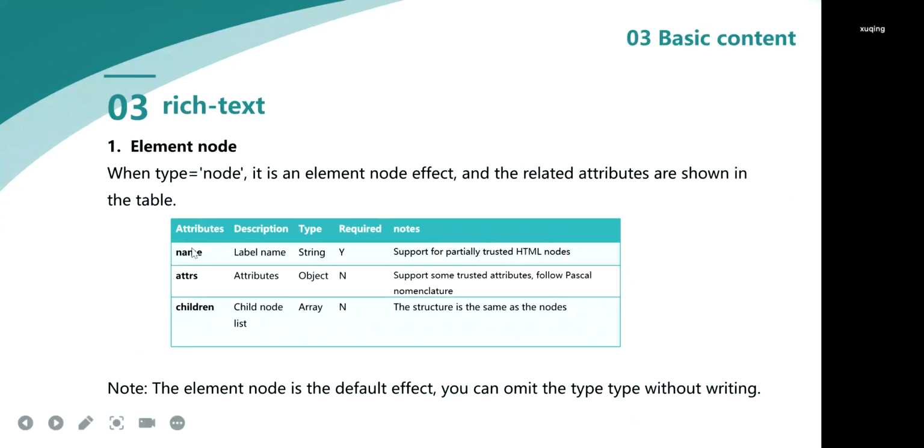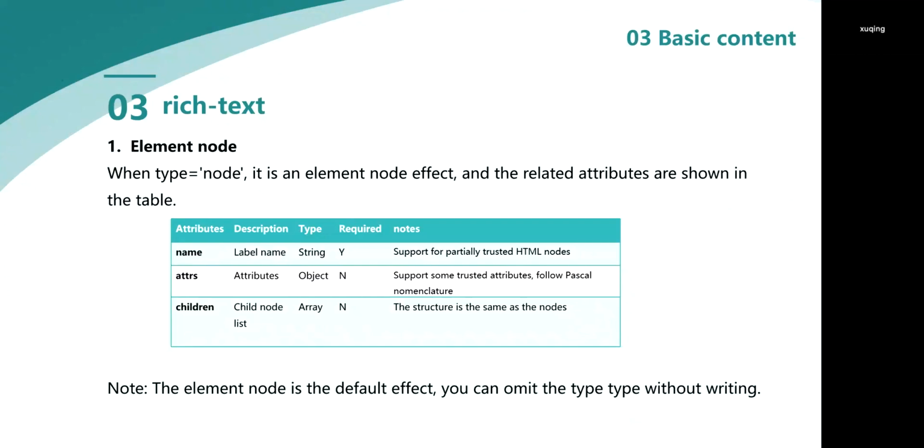We have the attributes name, attrs, and children. For name, it supports partially trusted HTML nodes. For attrs, we support some trusted attributes, and it follows Pascal nomenclature.